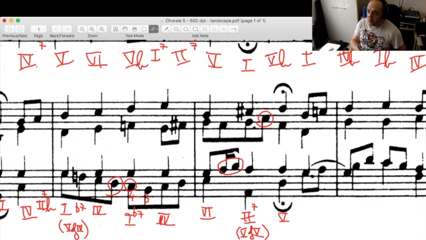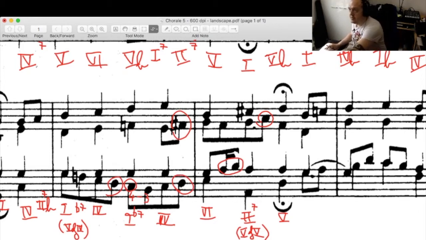The fourth doesn't resolve, stays where it is. It actually goes climbing. I'm not going to give that a label. That's a passing note. That's another passing note. They happen to be consonant between themselves. I'm not going to give them a chord label.